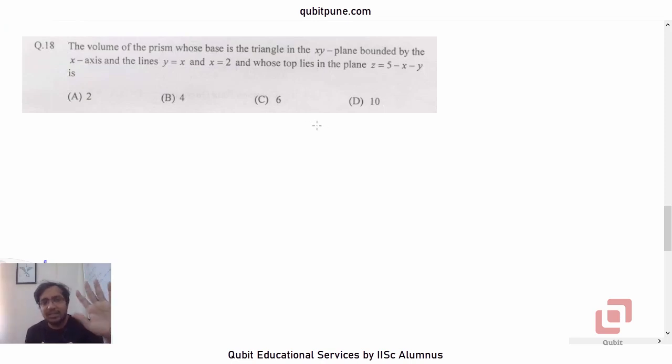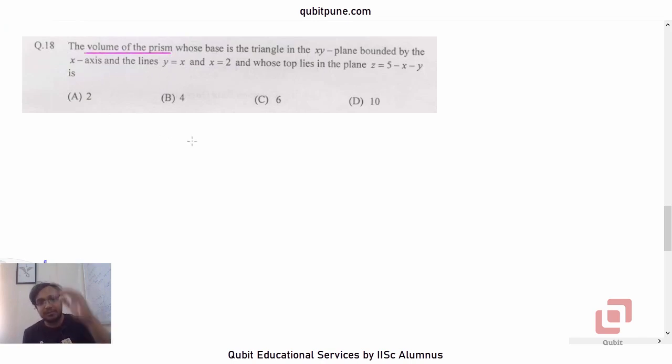Now this is actually a direct application of the fact that just like a single integral represents area under a curve, the double integral is going to represent volume under a surface. Okay, volume under a surface. What volume are we supposed to find? It's volume of the prism.